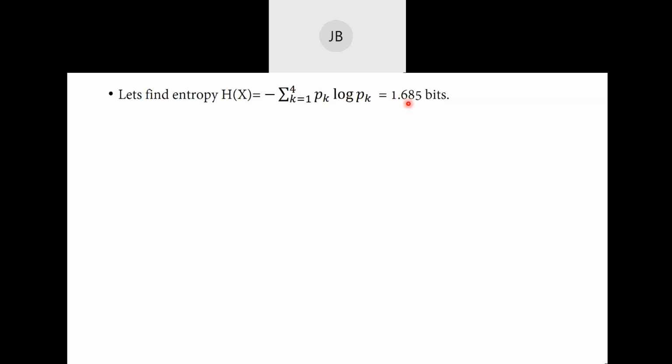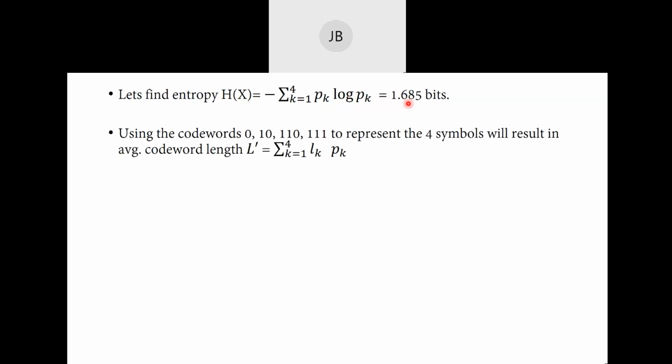That is the entropy. Next, some more information is given in the question: those four symbols were represented by these code words. The first symbol is represented by this code word, the second, third, and fourth symbols by these code words, and so on. Now, with that, can we find the average code word length? That's equal to the length of the code word multiplied by the probability. This is a well-known equation.